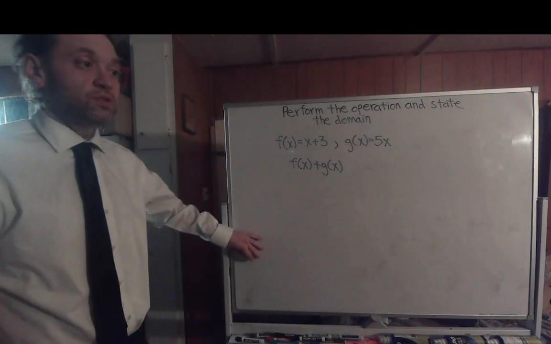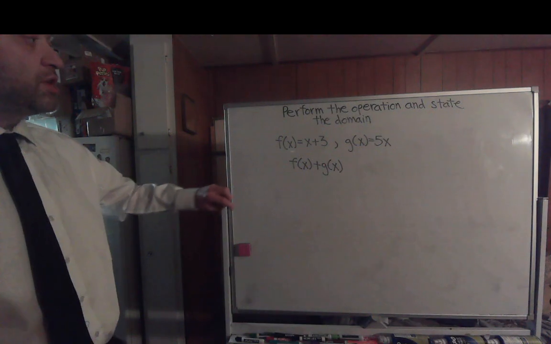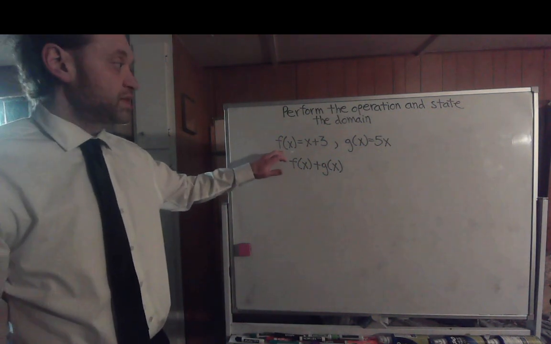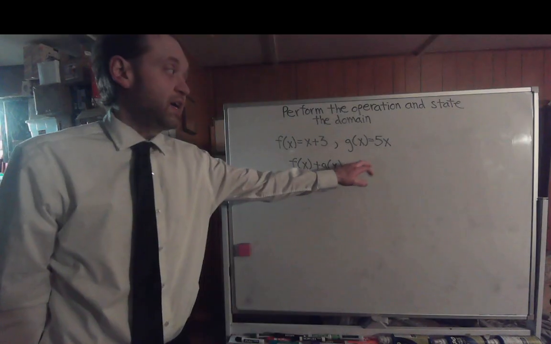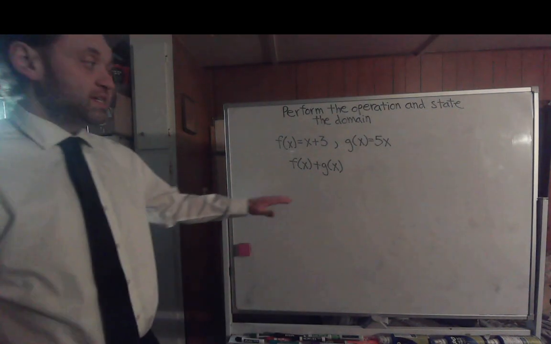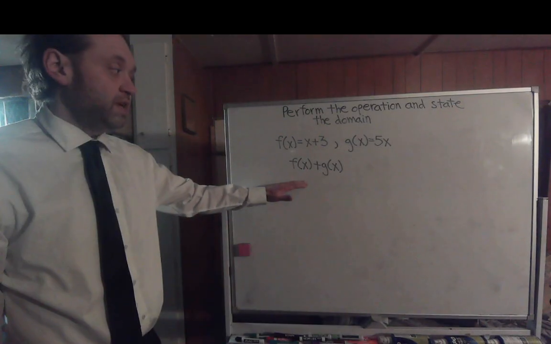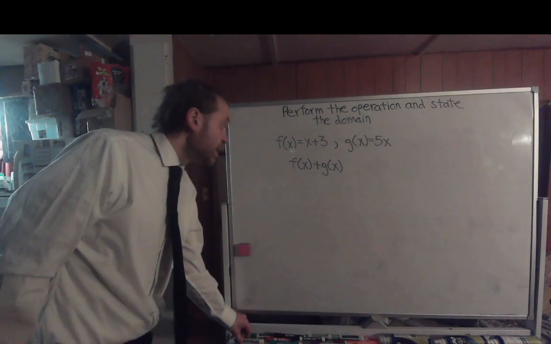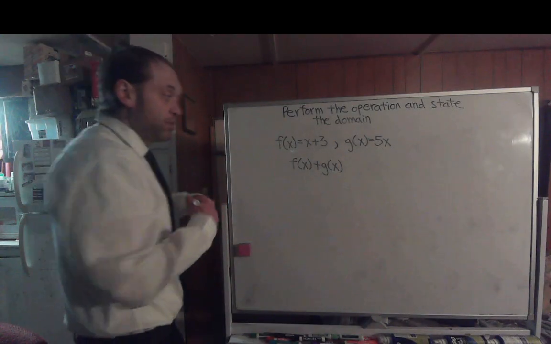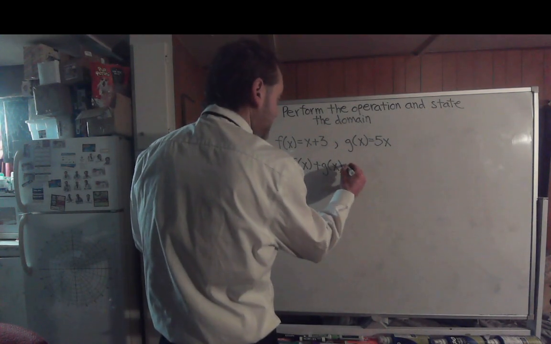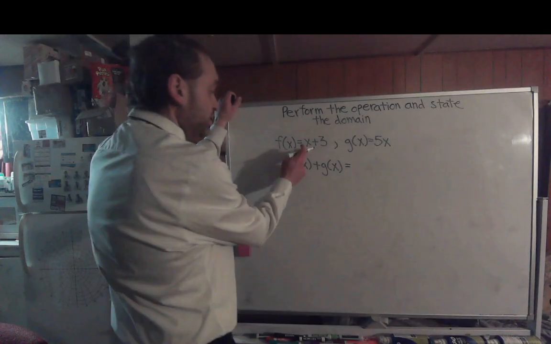of the result. So here you have f of x equals x plus 3 and then g of x equals 5x. We're being asked to find f of x plus g of x. Well, all you do when you add or subtract functions or multiply or divide, you're just going to put those values in.